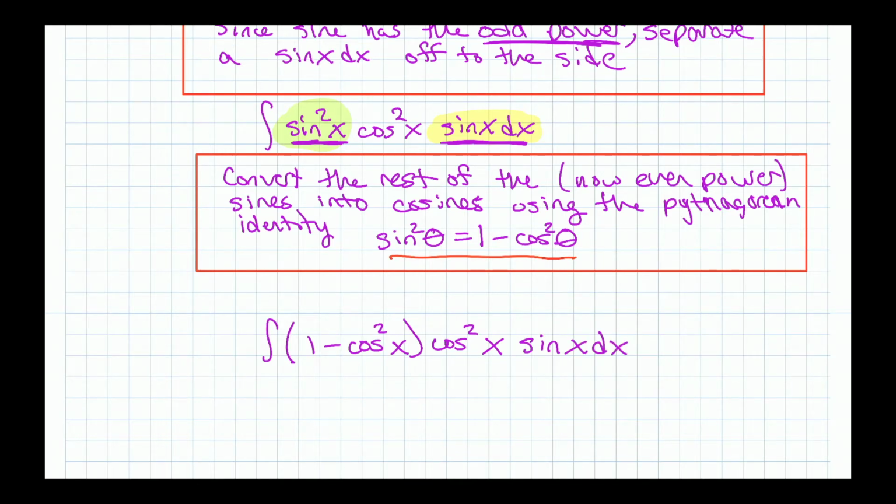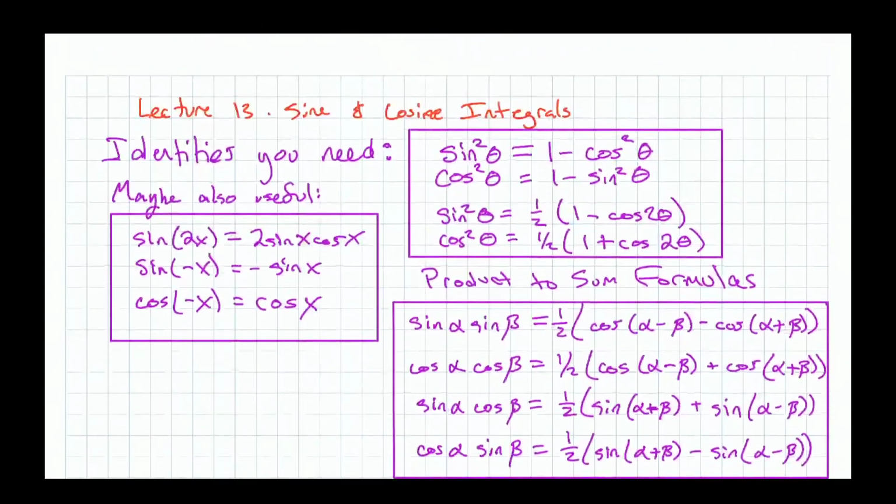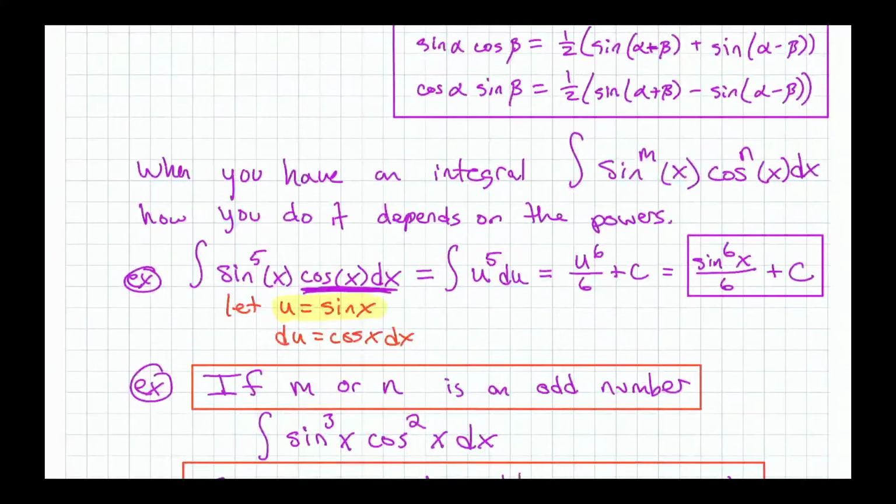Okay? So there we go. Now, if you look at what happened, there's only one single sine left in the problem now. And because there's just one single sine left, the one that we saved off to the side, we're basically going to be able to do the procedure we did for the first example.